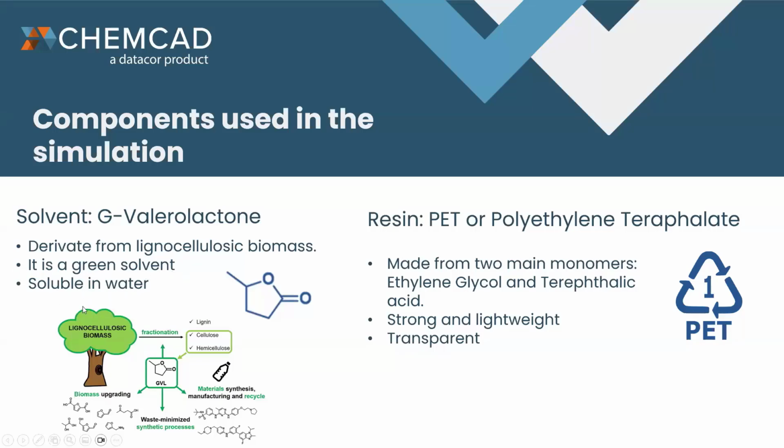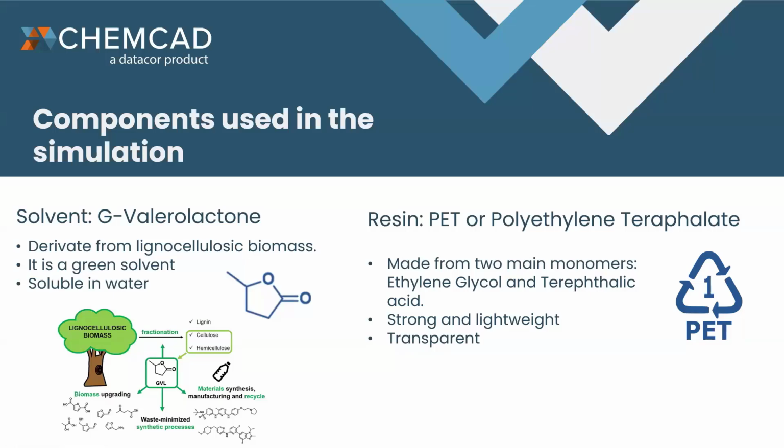It's also soluble in water. GVL, some people call it GVL, is a cyclic ester, a non-aromatic lactone ring with a 5-member ring containing 4 carbon atoms and 2 oxygen atoms.